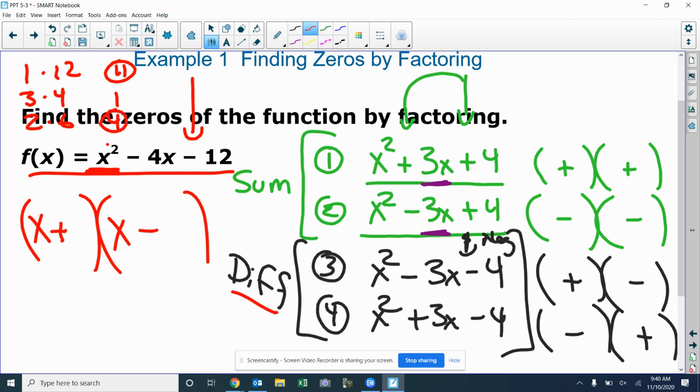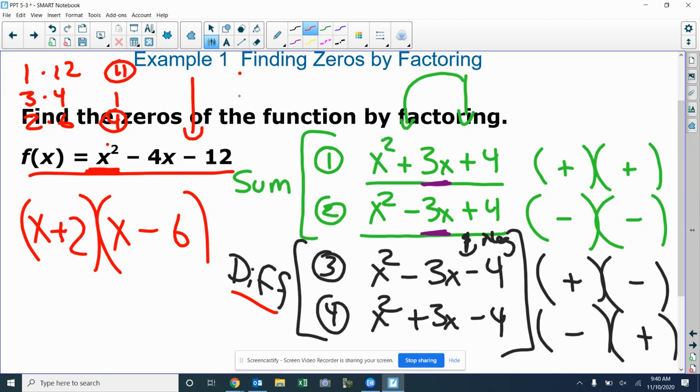Now, it does matter where the 4 goes. The 4 is going to need to go here, doesn't it? Excuse me, the 6, I'm sorry. I said 4 for some stupid reason. The 6. That 6 needs to go here, and that 2 needs to go here. Now, back from Algebra 1, how do we check this?